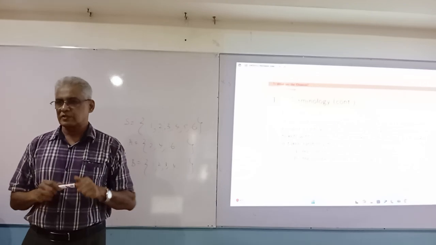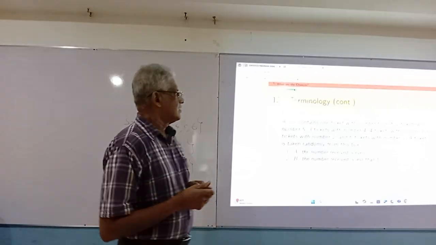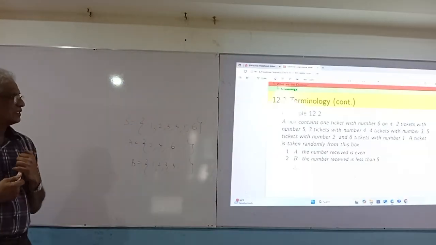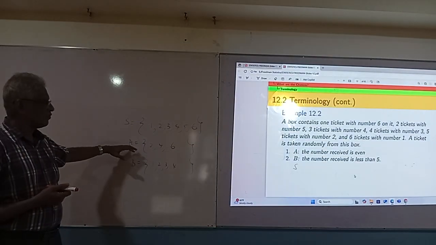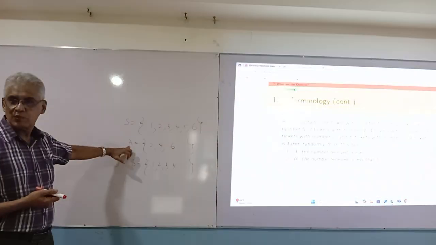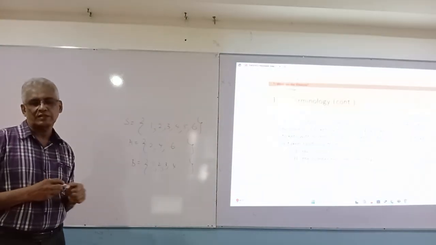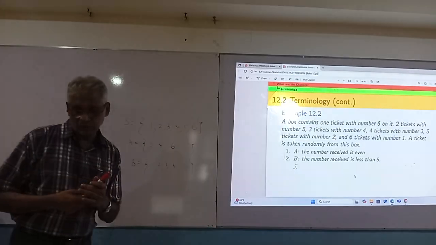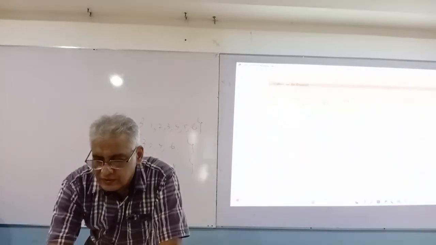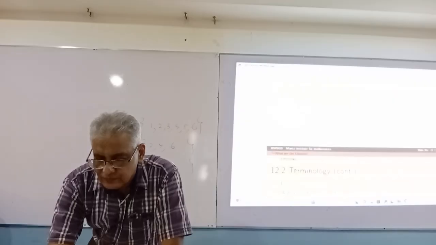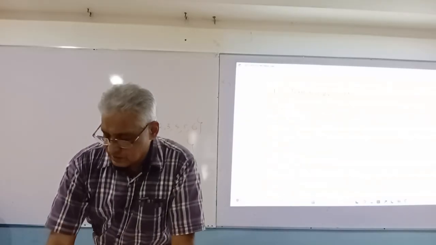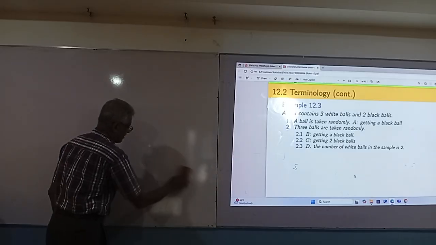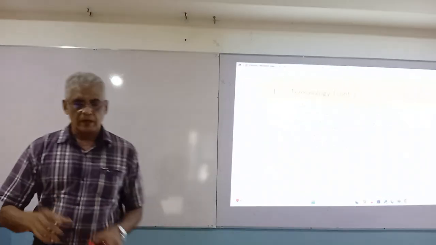But the scenarios are different. So therefore the probabilities have to be different, because the probability of A in that situation may not be the same as the probability of A in this situation. We'll talk about those things a little later. Okay, let's look at this one. In both cases here, the sample spaces are finite.